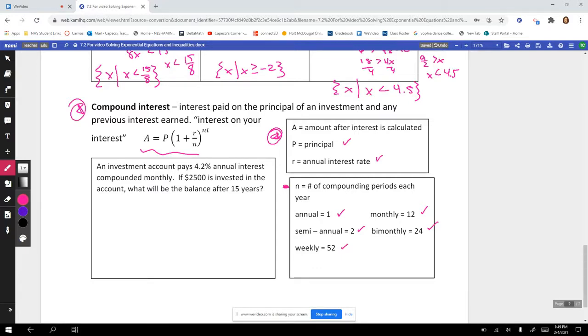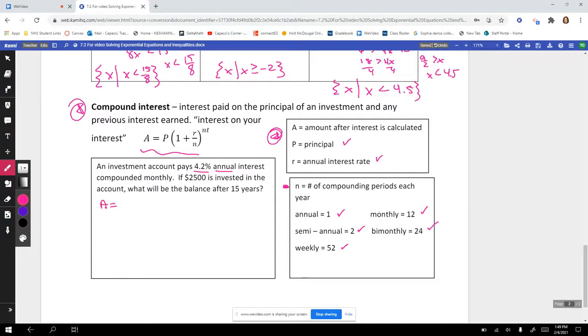Okay, so let's look at our given problem. An investment account pays 4.2% annual interest, so we need to know annual as well. Compounded monthly. If $2,500 is invested in the account, what will the balance be after 15 years? Okay, so we're going to try to find out how much is going to be there at the end.